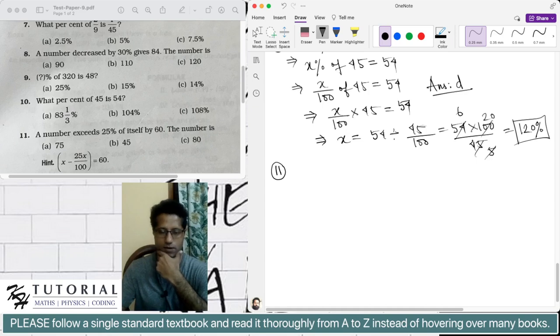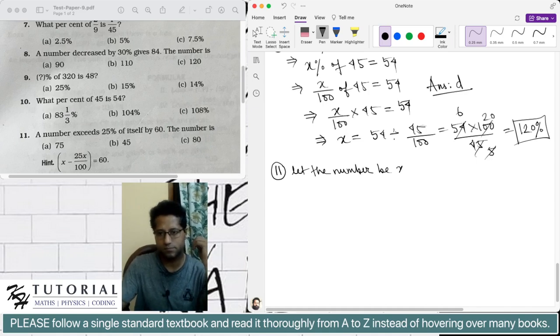In fact, the very first step that you must understand, so that you can apply the concept and formula correctly. So since the number is unknown, let's assume the number to be X. So let the number be X. Now what it is saying, a number exceeds 25% of itself by 60.